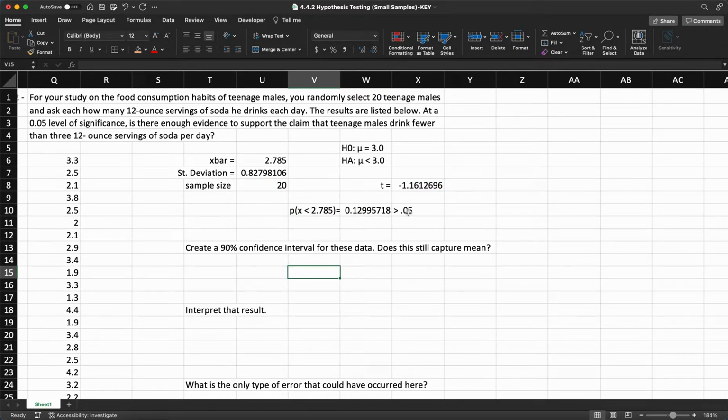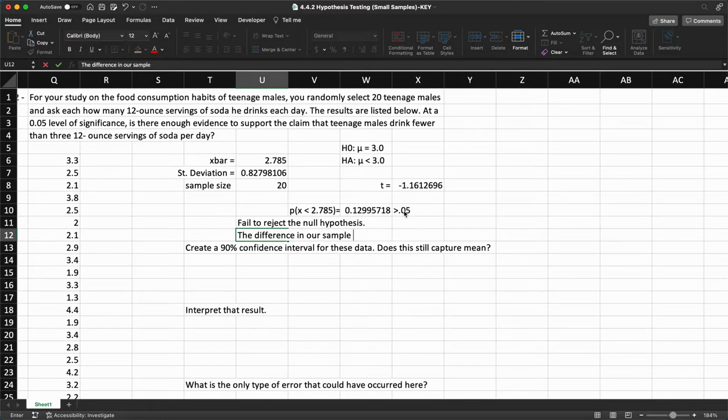And so the value of 0.13 is greater than 0.05, and so we are going to fail to reject the null hypothesis, which means in the context of this problem that the difference in our sample mean is due to natural variability in the data.